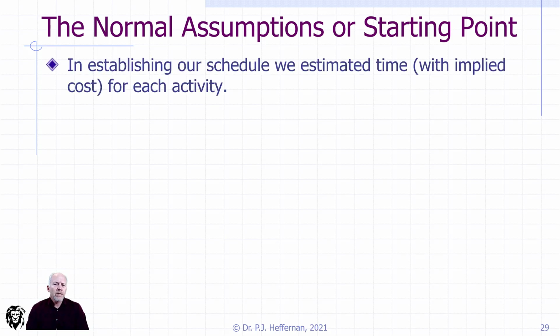So we start off, and I know I've mentioned this several times, when we come up with a time estimate, we're making not just an assumption, but a decision with respect to the method that we're going to use and the resources we're going to consume in order to make that happen.